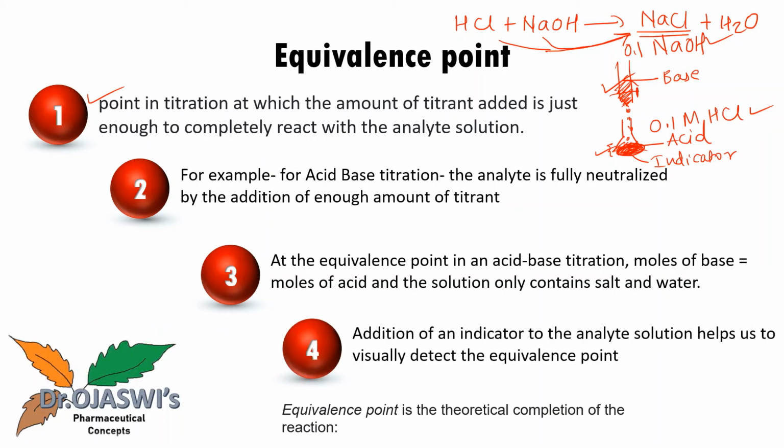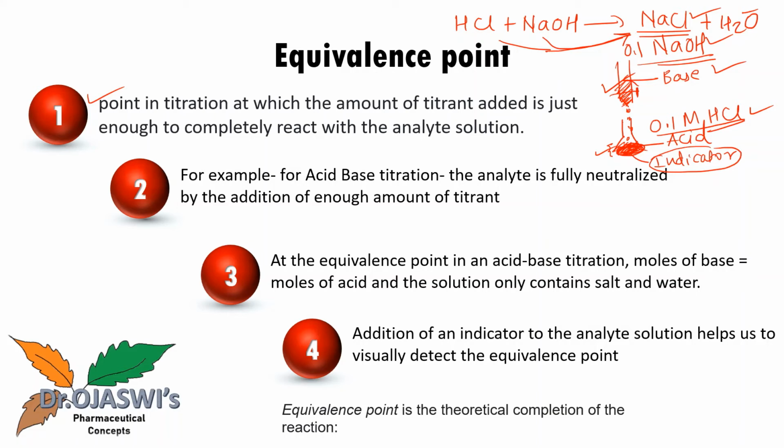So addition of an indicator to the analyte solution helps us to visually detect the equivalence point. Okay, why have I added the indicator? Because 0.1 molar NaOH solution is a colorless, transparent solution, 0.1 molar HCl is also a colorless solution, and the reaction which is happening, the formation of salt and water, is not associated with any color change or any physical change, and therefore with my eyes I just cannot see any change in the flask happening.